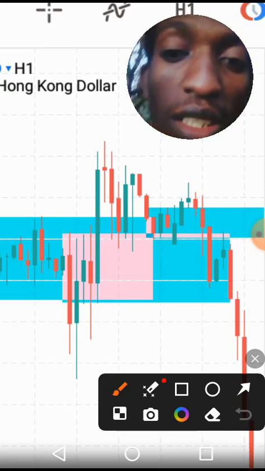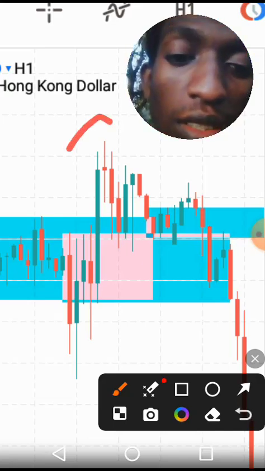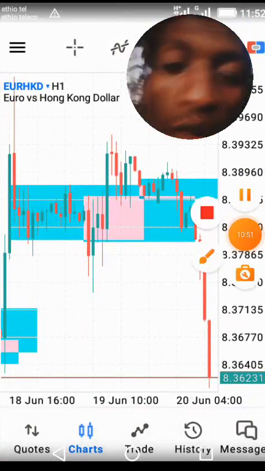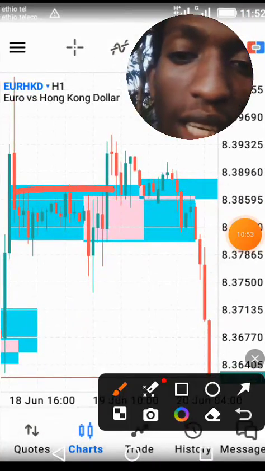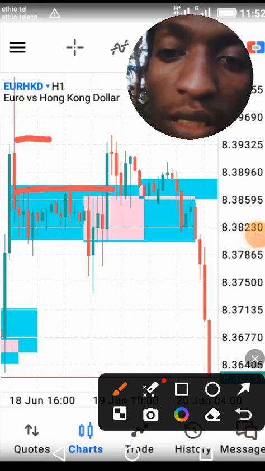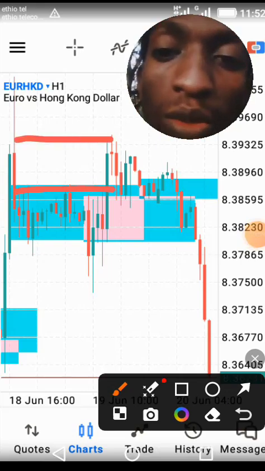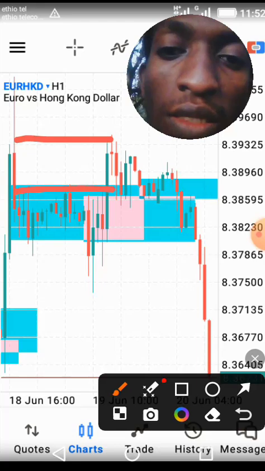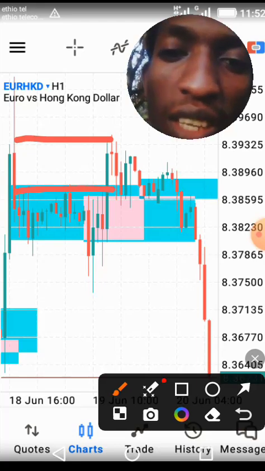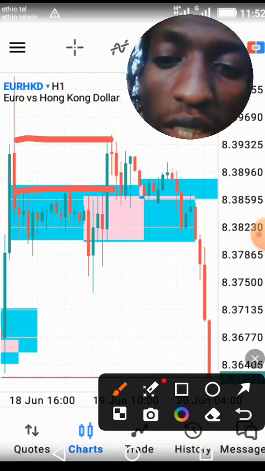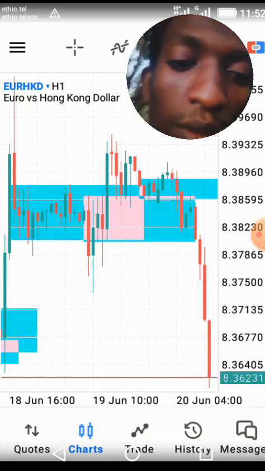So now we are seeking higher prices. Now they want to clear this price and then hit this wick, because I told you wicks are inefficiencies, they are gaps, they are voids, so they have to be filled, like this kind of gap, this candle gap.